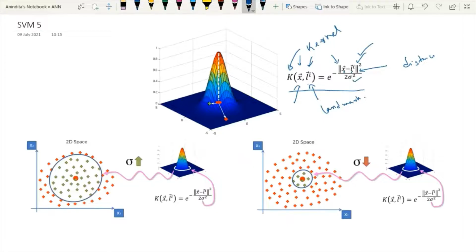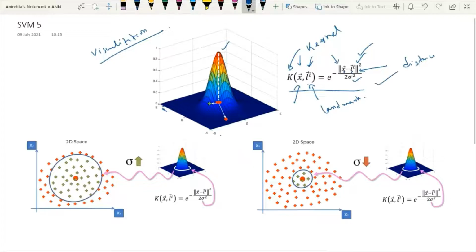Now let's consider this is a particular visualization plot. In this plot, this one is at the middle of this 2D space, and the vertical axis depicts the results calculated by this formula. And we have every other point on this XY plane.